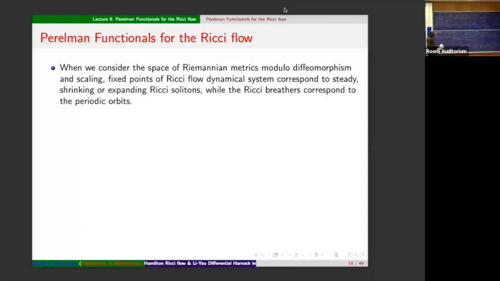In this study we do not want to have Ricci breathers, and the monotonicity of these functionals allows us to establish that there are no breathers other than trivial breathers. These breathers are periodic solutions, and we can rule them out in the solution of Ricci flow.